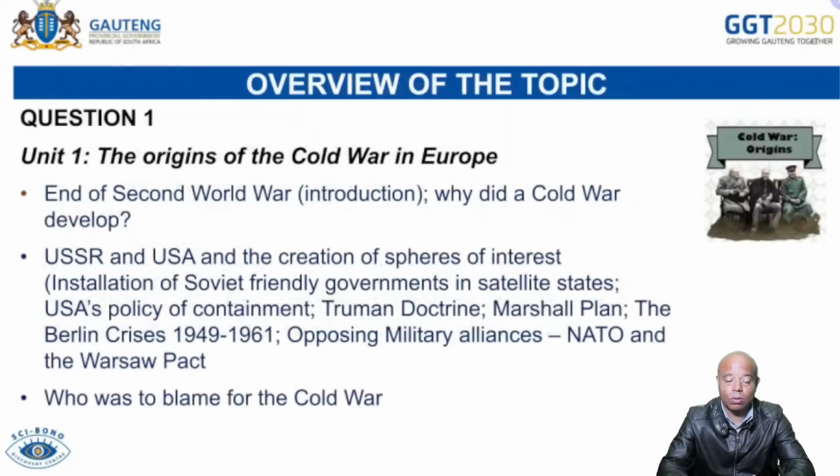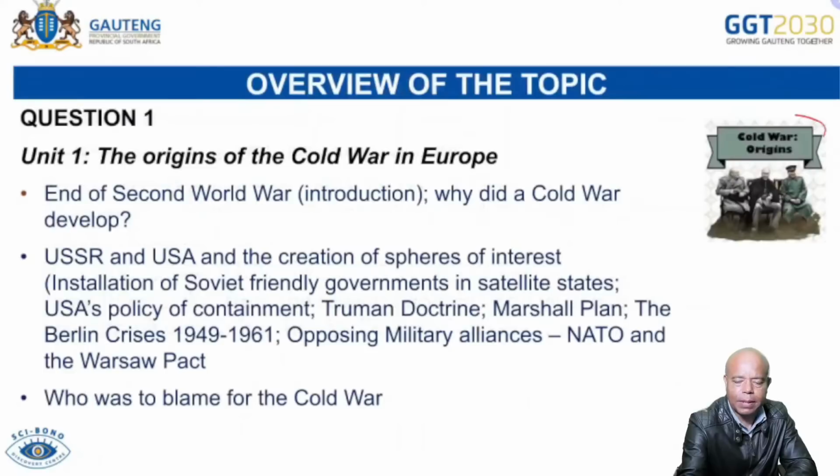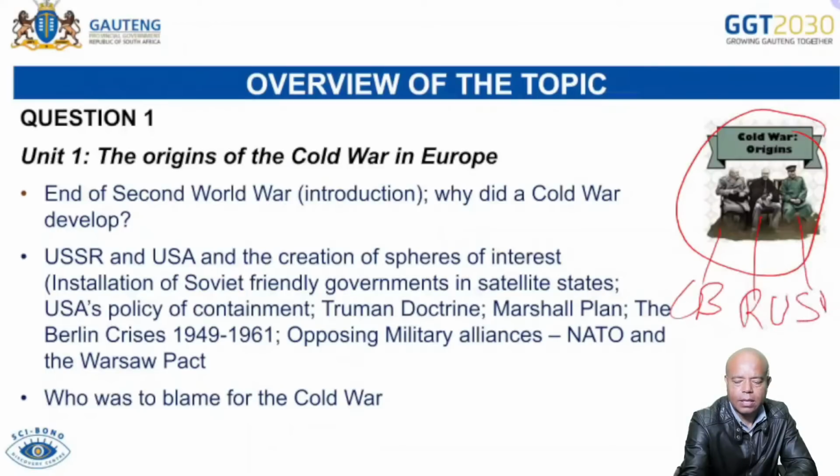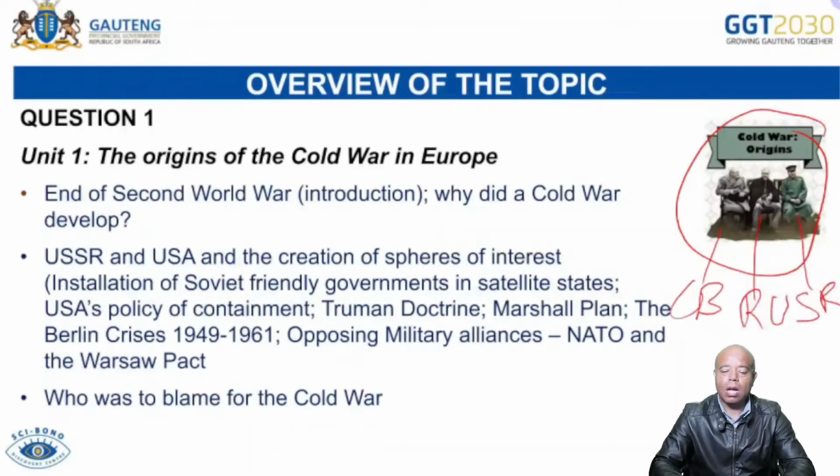Now, why did the Cold War develop, basically? In 1943, the big three, we can see the big three on the screen. This is Churchill, Britain, Roosevelt, USA, and then Stalin, Russia. So now the big three met in Tehran, that is the capital of Iran.